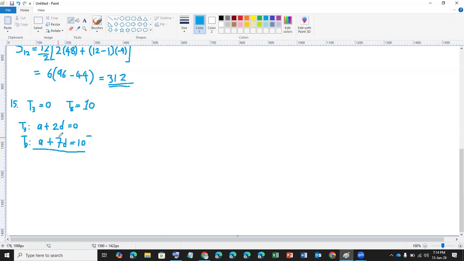A minus A is 0. 2 minus 7 is minus 5, right? Yes, sir. And then 0 minus 10 is minus 10. So we'll now divide both sides by minus 5, isn't it? Yes, sir.